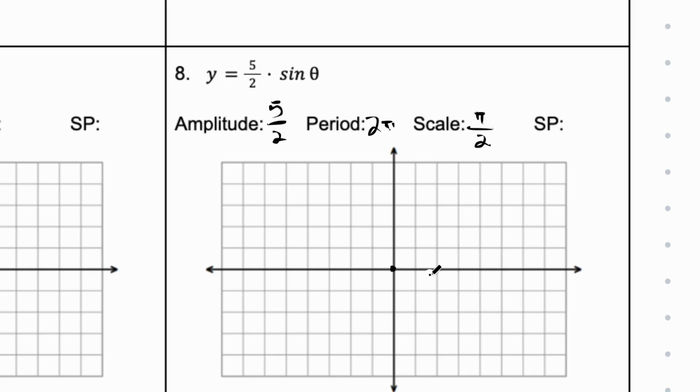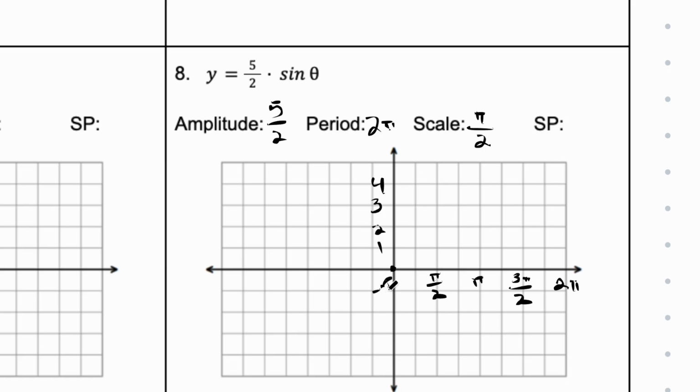So let's draw in our scale, pi over 2, pi, 3 pi over 2, and 2 pi. And this is 0. Based on our amplitude, let's do 1, 2, 3, 4.